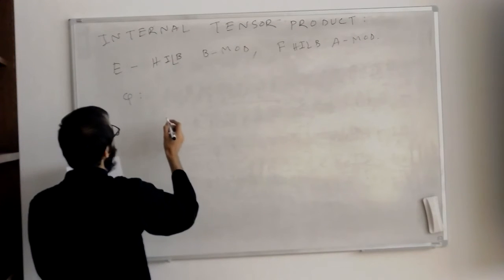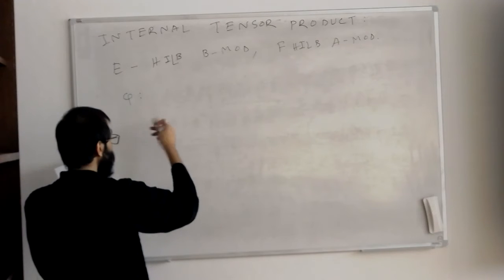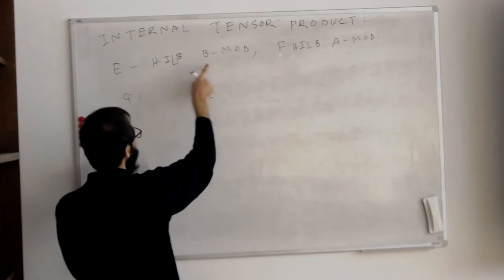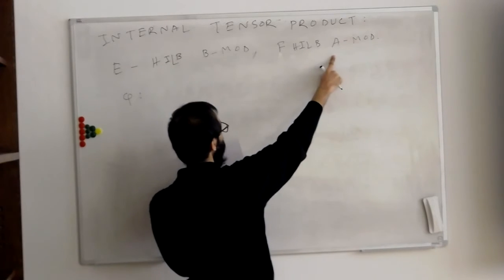As the name suggests, I would want to tensor E with F, but E is a right B module and F is a right A module.